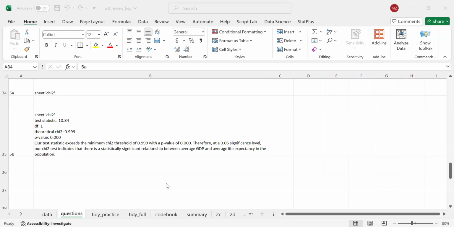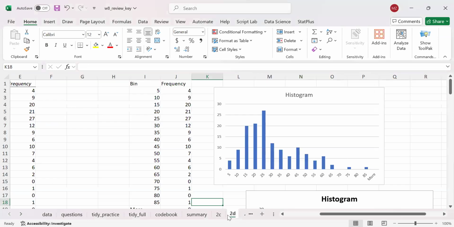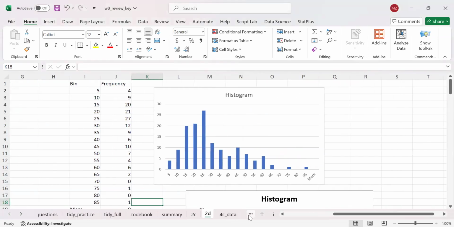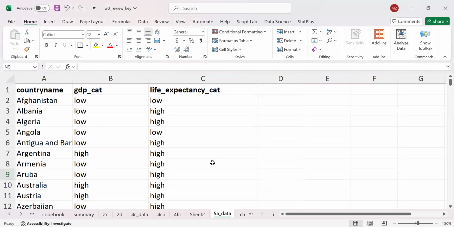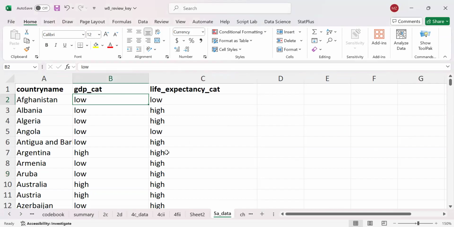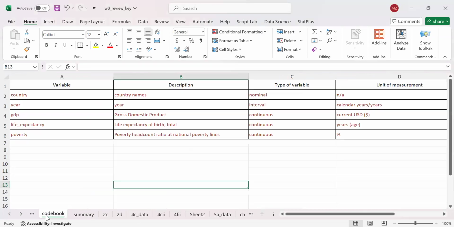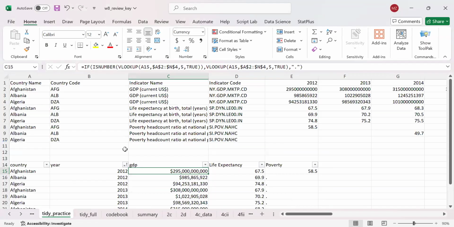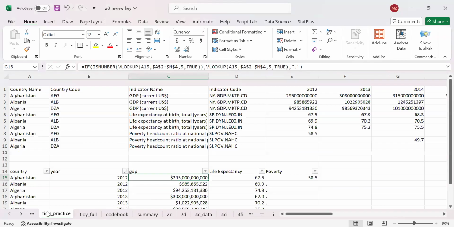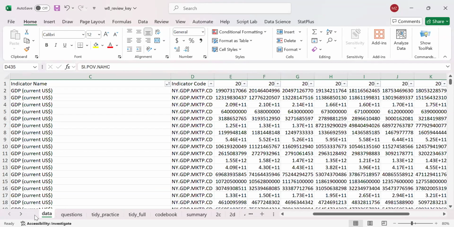Okay. So the last question is the chi-square test. We want to create two new categorical variables. We did this in the earlier practices also. So if you go here, we have these categorical variables.